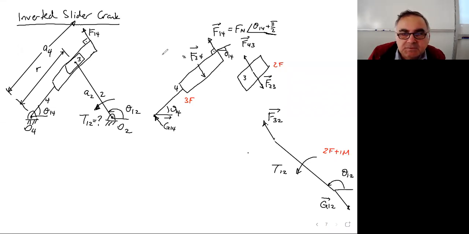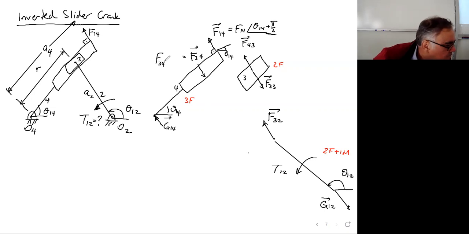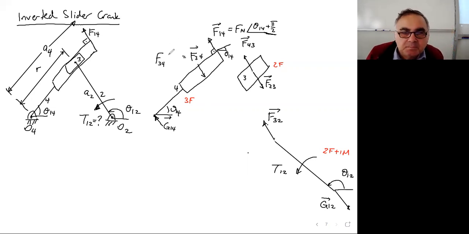F34 with an angle of theta 14 minus pi over 2.